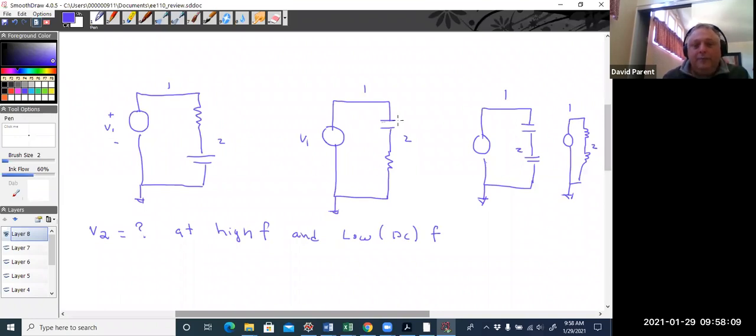And what you can say is C1 equals 10, C2, L1 equals 10, L2, if you need that.